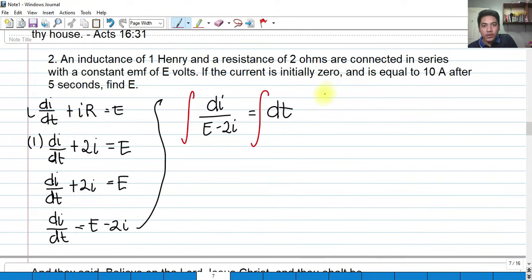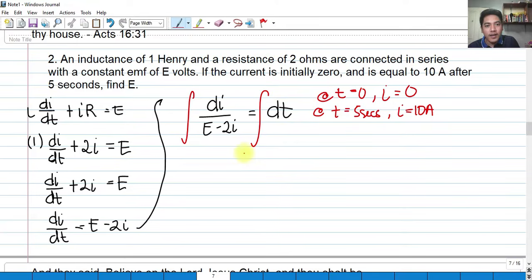The first condition says the current is initially 0, that is equivalent to at time t equals 0, I is equal to 0. And the second condition is that I is equal to 10 amperes after 5 seconds. So the current is 10 amperes after 5 seconds. So we have time t equals 5 seconds, and I is equal to 10 amperes.